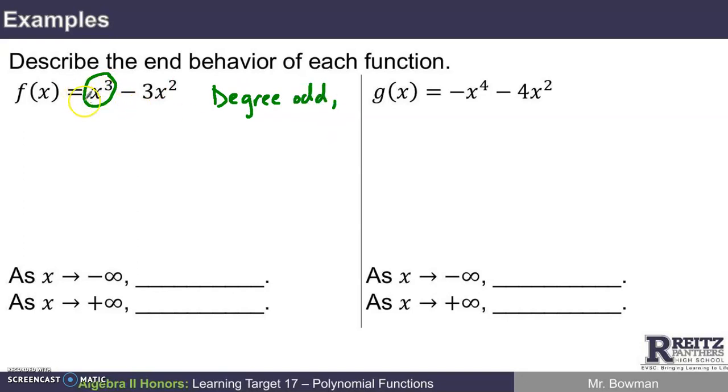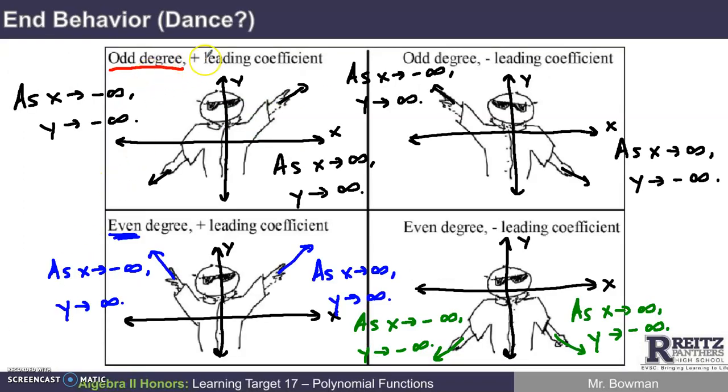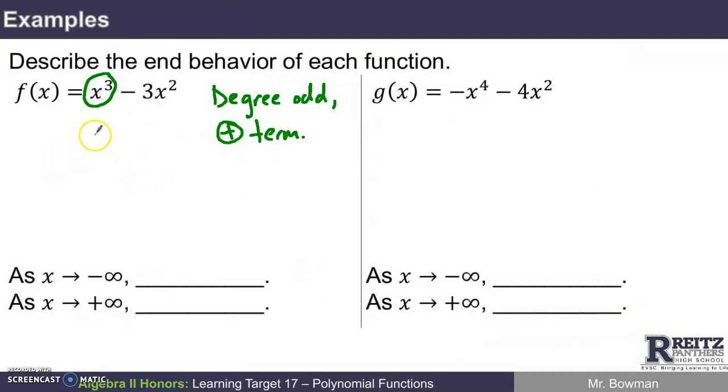And I want to look at the sign of that term. That's just x cubed, so it's a positive term. A positive leading term. Which step of the end behavior dance was that? I'll look back. A positive leading term with an odd degree is this move, right here. So, without drawing the whole graph, I know what the end of the graph looks like.